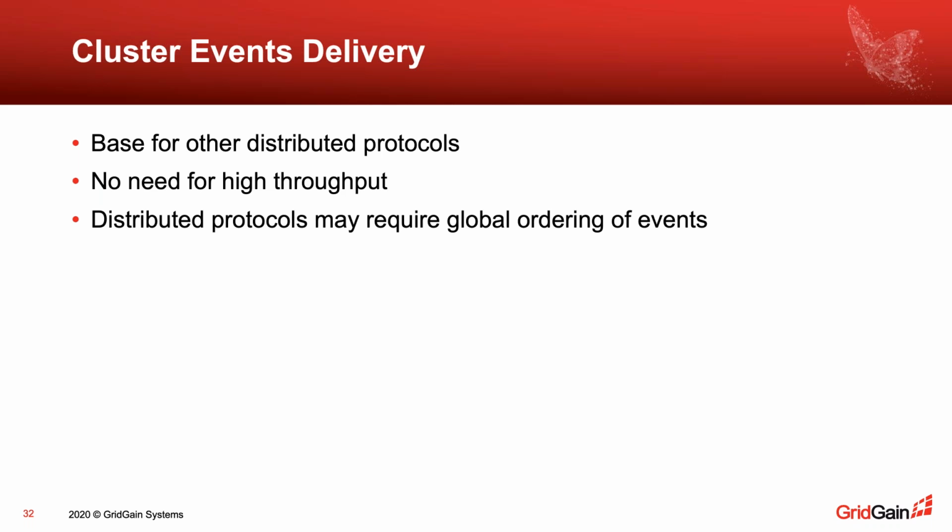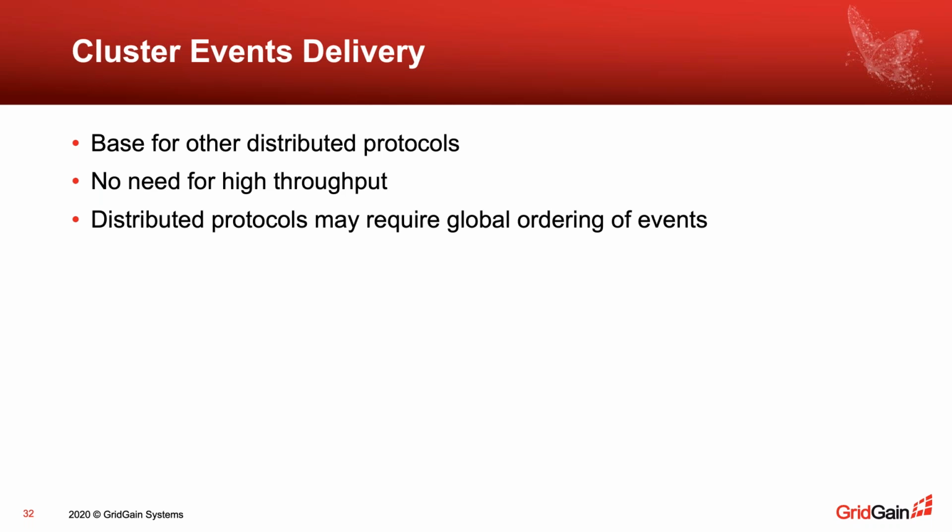A lot of these distributed protocols require this global ordering of events. Basically, it is needed for the system to understand the state it is currently in, so that all nodes understand the cluster state in the same way.